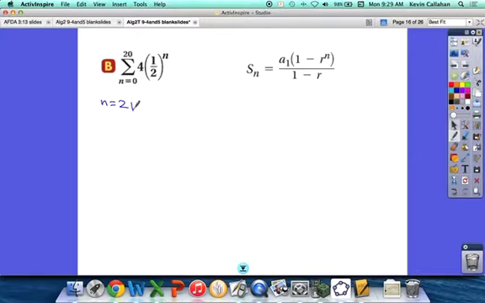What is R? R is always the thing that's being raised to a power. So when you're looking at this format, R is 1/2. And if you have to do any work at all, it's to find the first term. And the first term you get by plugging in the lower limit. What is 4 times 1/2 to the 0?